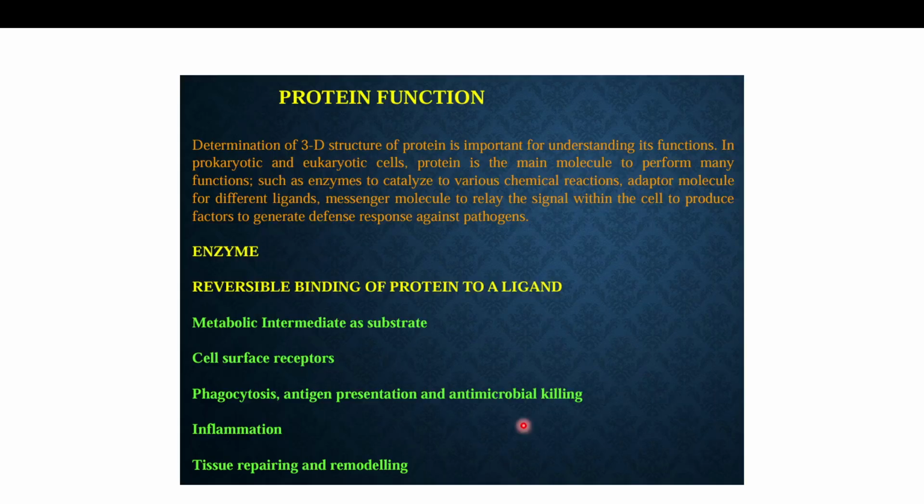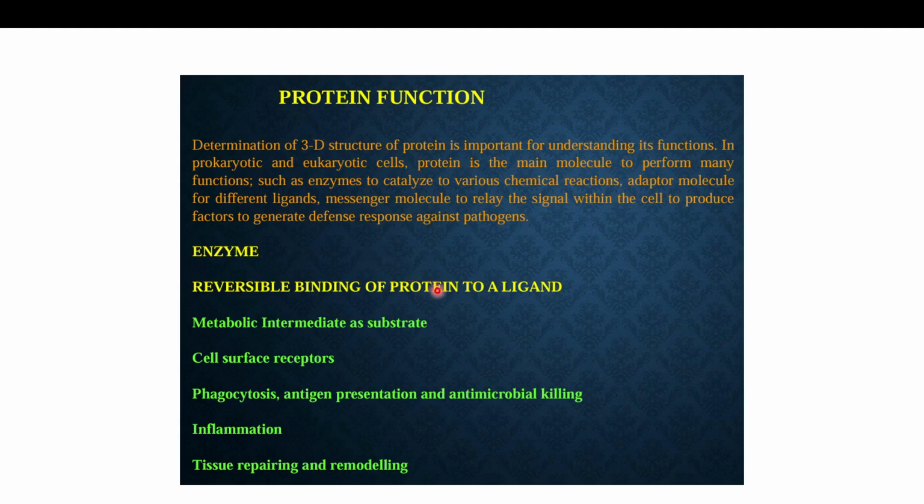Now, if we talk about the function of a protein, determining the 3D structure of a protein is important for understanding its functions. In prokaryotes and eukaryotes, protein is the main molecule to perform many different functions like enzymes to catalyze different chemical reactions, adapter molecules for different ligands, messenger molecules to relay signals within the cell, and to produce factors to generate defense responses against pathogens. So proteins can function as enzymes or biological catalysts.